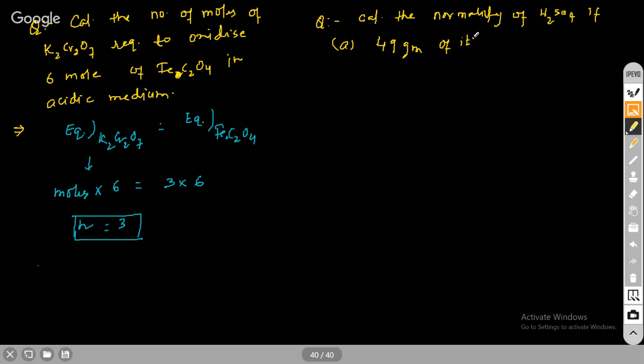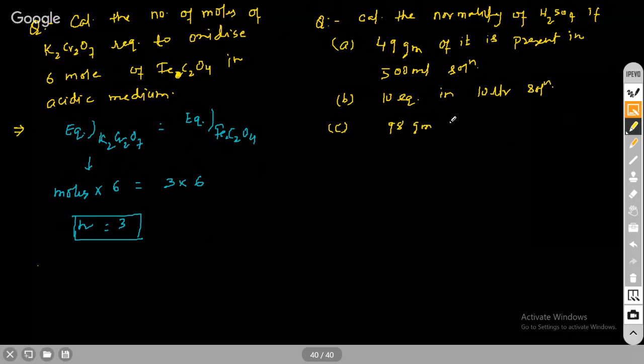First, 49 gram of it is present in 500 ml solution. Second, 10 equivalents in 10 liter of solution. Third, 98 gram in 100 ml of solution. Tell me fast.